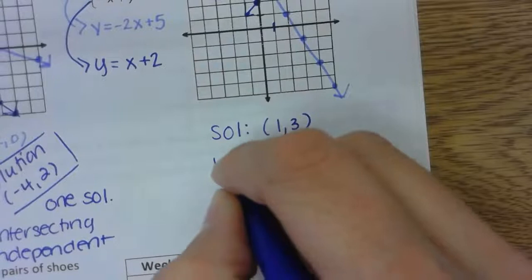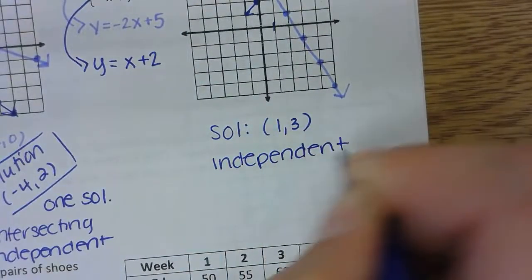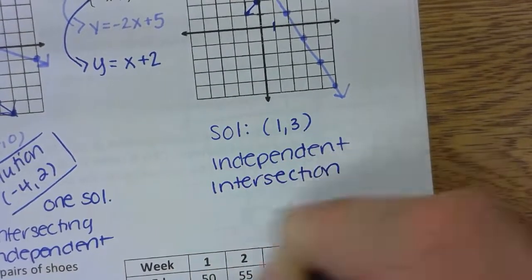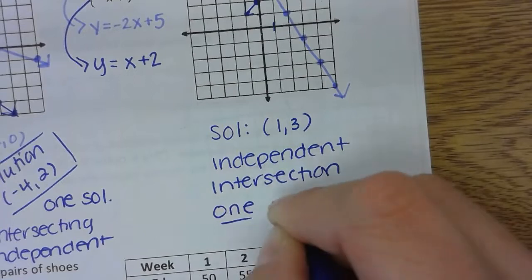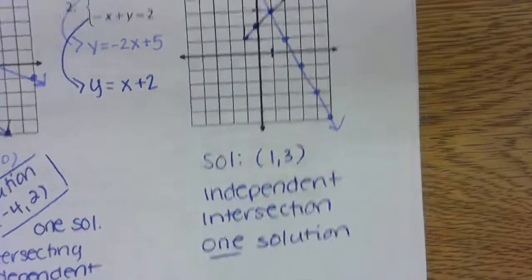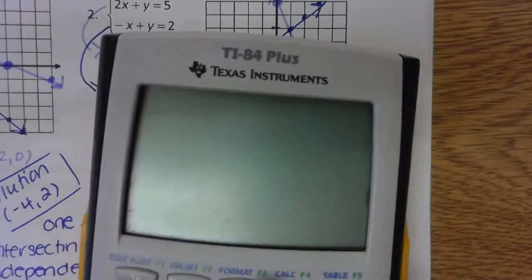And once again, we would classify as independent, intersecting, and they have one singular solution because the graphs can only intersect once. Take out your graphing calculators.